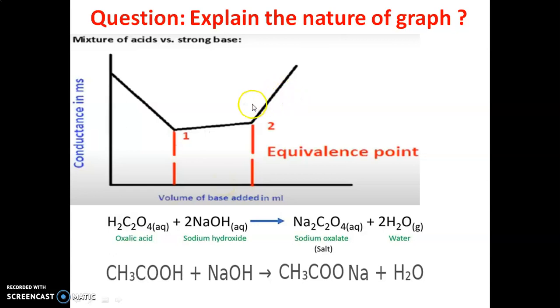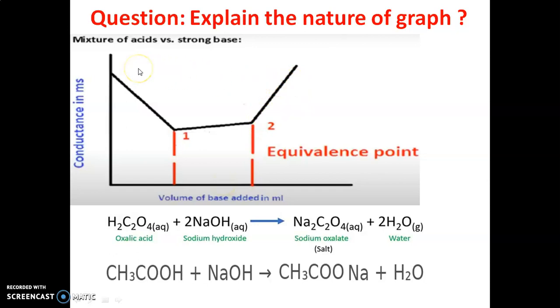NaOH is a strong electrolyte. You should know this: the conductance is always very high in the case of a strong electrolyte, and the conductance is low in the case of a weak electrolyte. NaOH is a strong electrolyte, therefore the conductance increases.